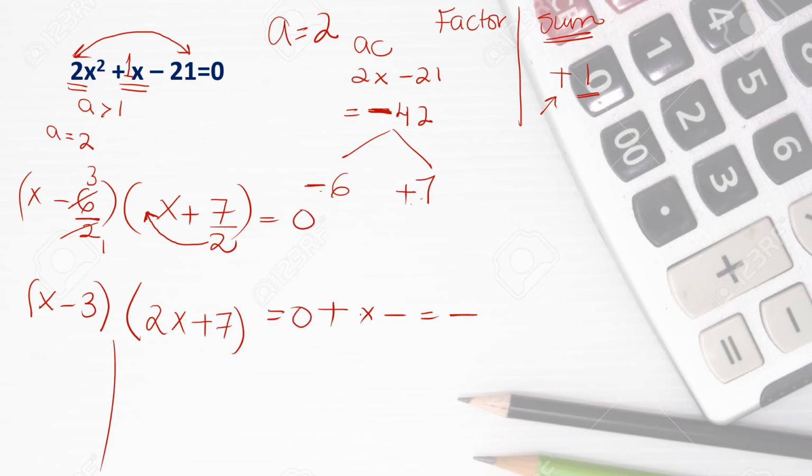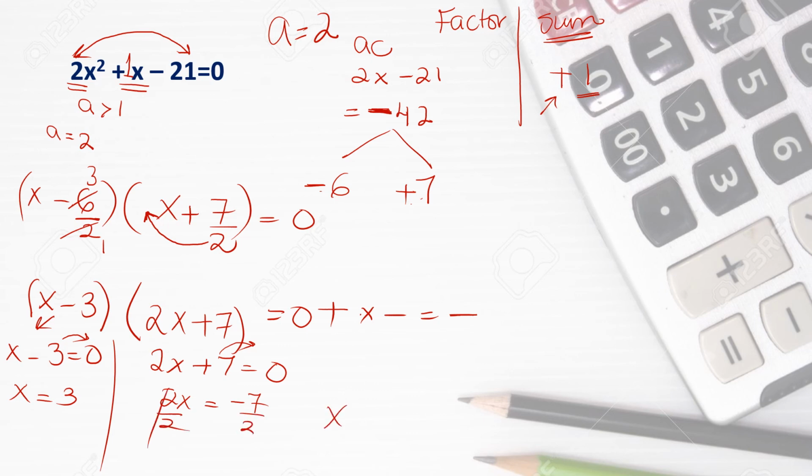Now solve for x. So first write the first factor, x minus 3 equals 0, and now write the second factor equals 0, and try to solve for x. Bring the negative 3 to the other side. You will get x equals 3. Bring the 7 to the other side. You will get 2x equals negative 7. 2 is multiplying with the x, so divide both sides by 2.